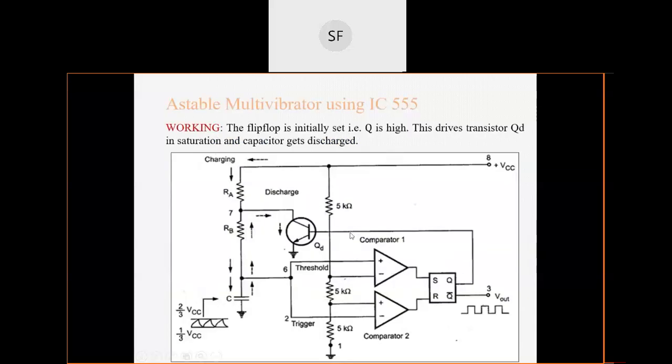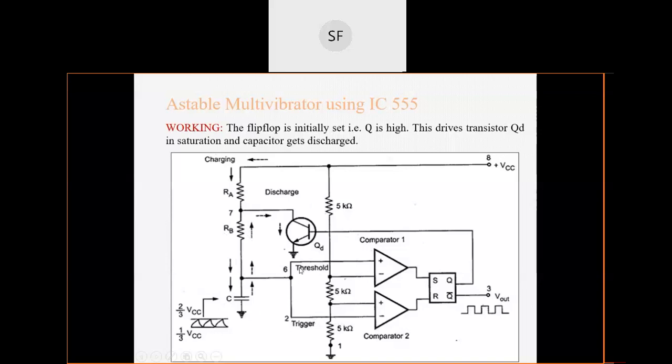So again, in order to understand or explain the working, you are required to visit the block diagram. Now again, this is the same block diagram as we have studied in monostable multivibrator as well, with of course a couple of changes. So the first change is that RB is introduced and it is between 6 and 7, and the second difference is that threshold and trigger are connected.